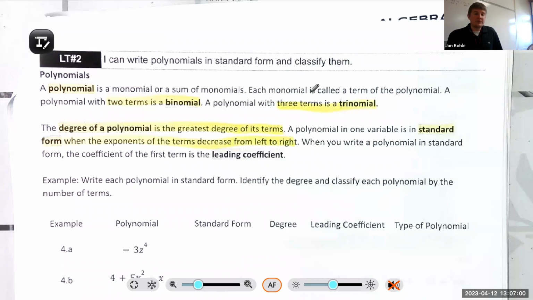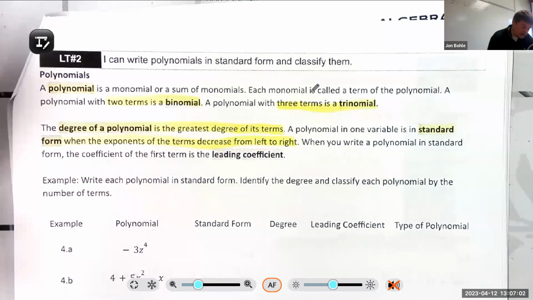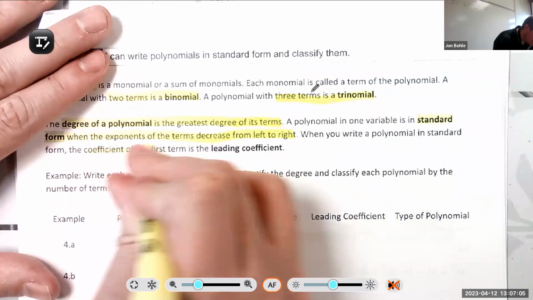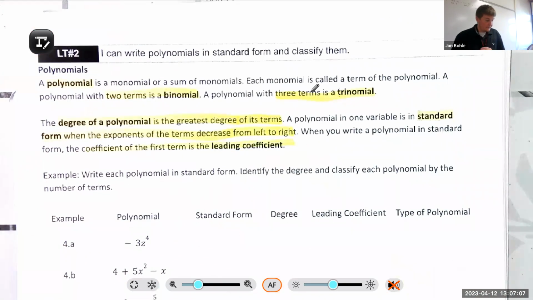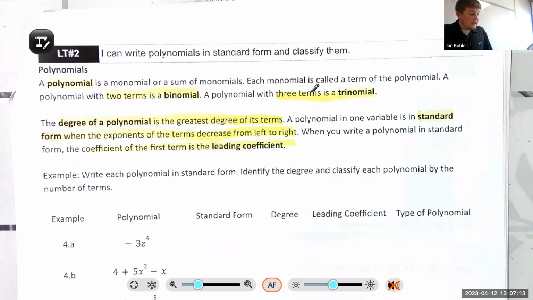And when you write a polynomial in standard form, the coefficient of the first term is the leading coefficient. Okay, so this is going to be addressing our second learning target, which is I can write polynomials in standard form and then also classify them.